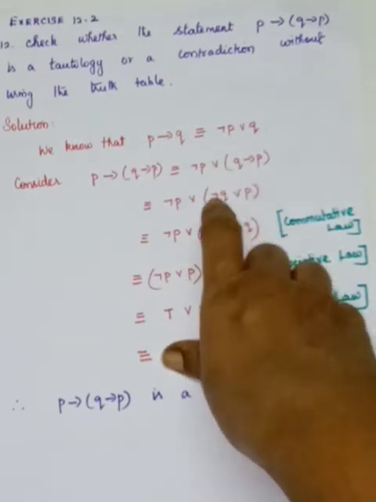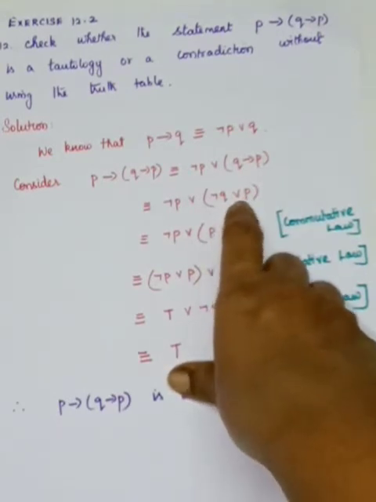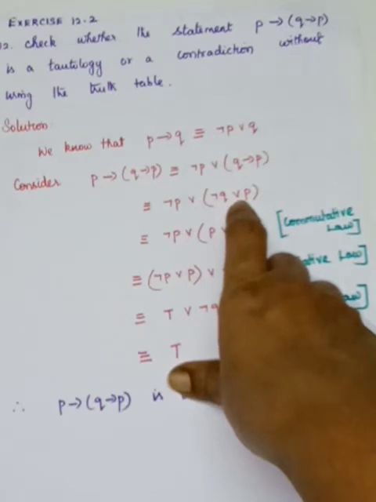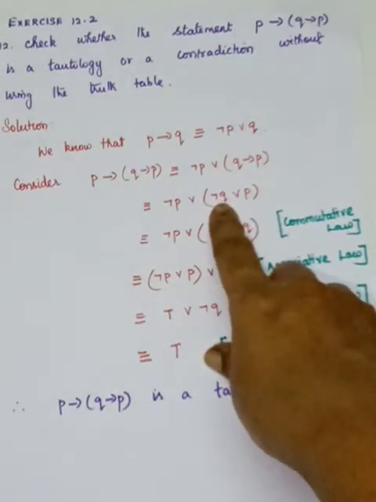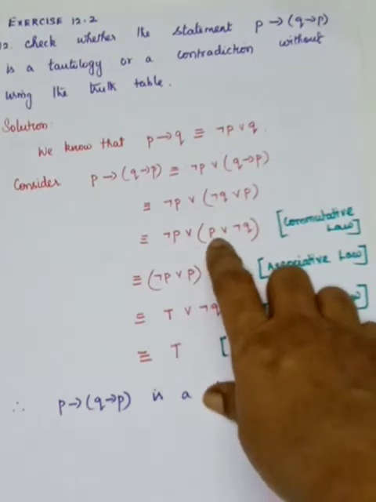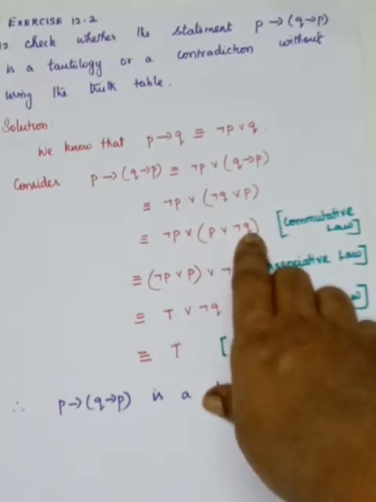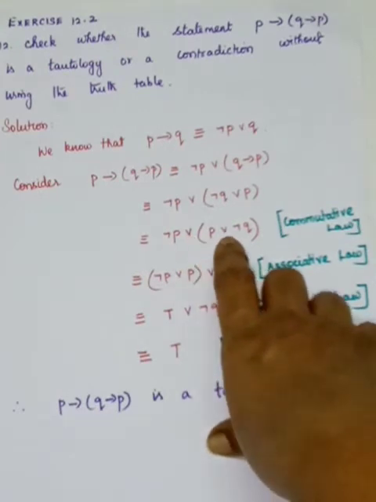So the first statement is negated, next you write OR, next you write the second statement. Now the commutative law: you can interchange the two simple statements. So using the commutative law, we get P and negation Q. Here also the symbol is OR, here also the symbol is OR.